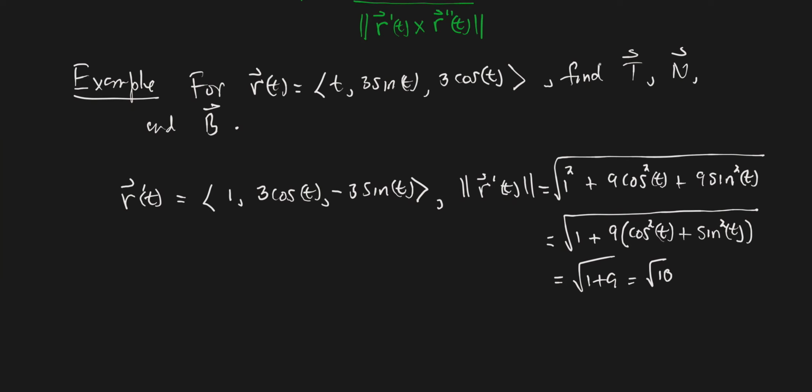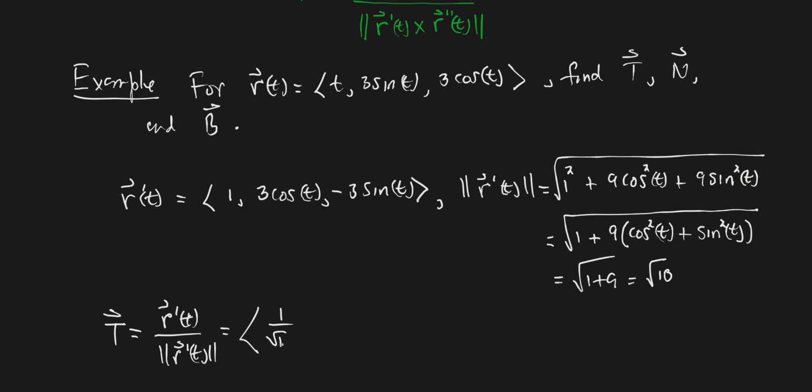So now we can write down the first of our three special vectors. The unit tangent vector is you take your derivative, divide it by its magnitude, but in this case, that magnitude is just the square root of 10. So basically divide each of these components by the square root of 10. And here we go.